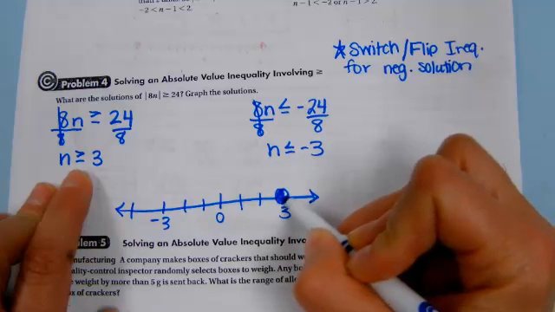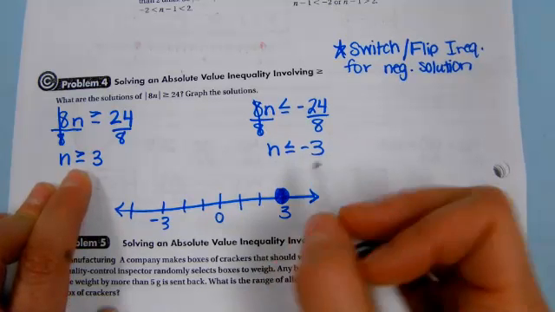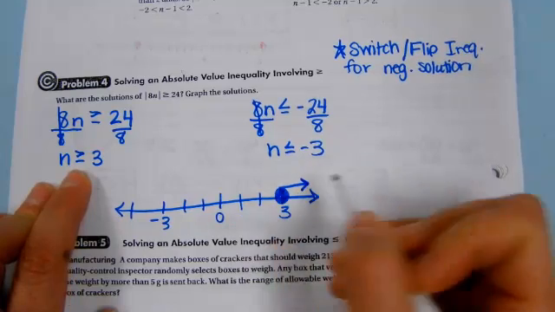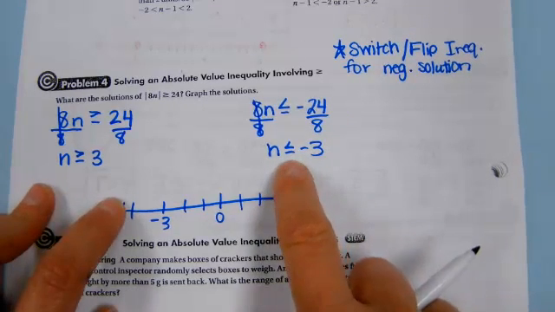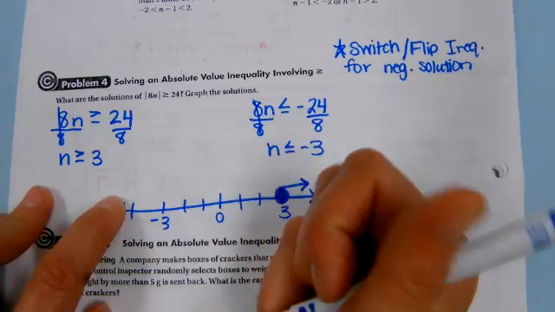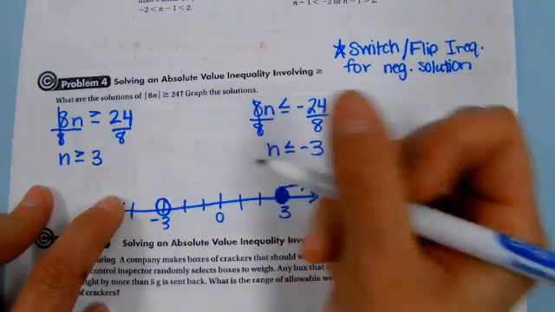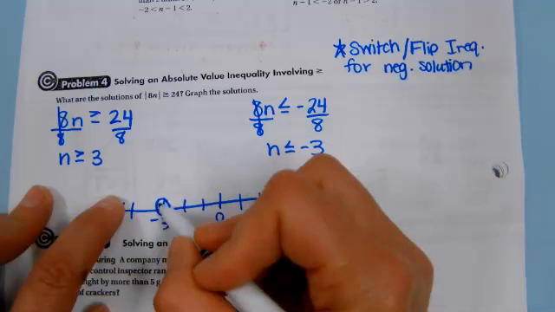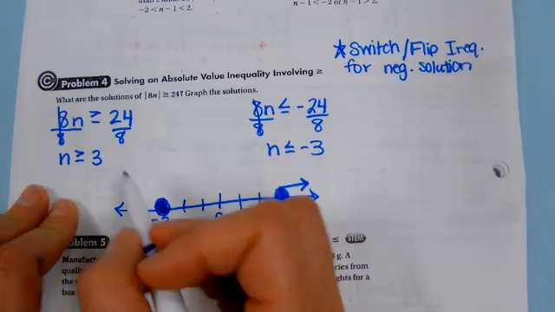Closed. And which direction should that arrow point? This way, right? Okay, this one says n is less than or equal to negative 3. Closed, yeah. What direction does that one go? Left.